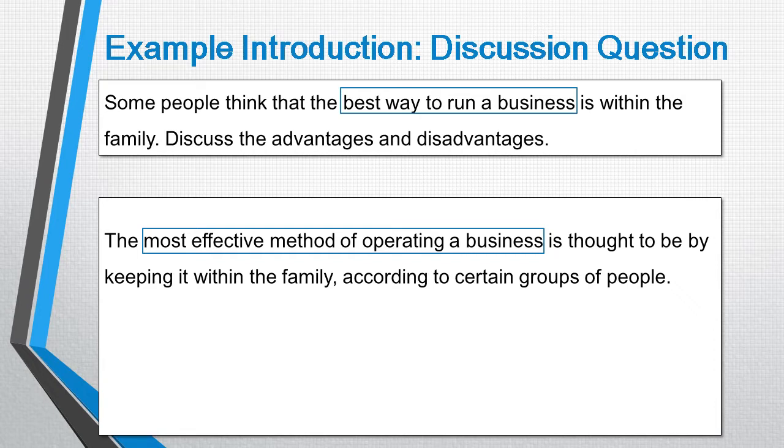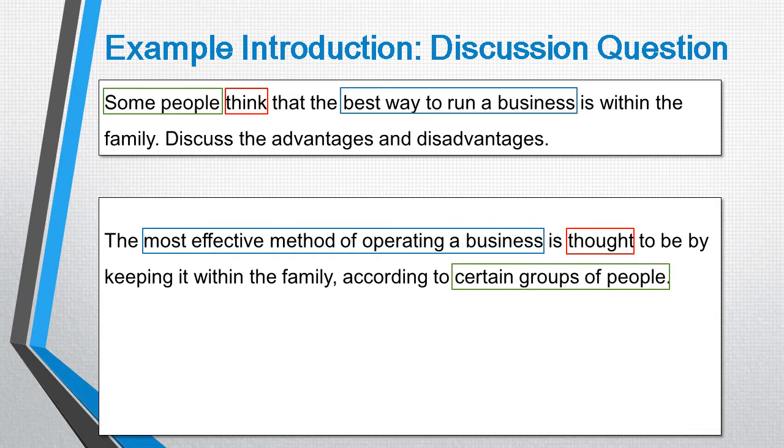And I've also changed the form of the word think to thought. And the reason I've done this is because I've changed the order of the sentence. You can see in the question, some people is at the beginning, whereas once I've rephrased it, that paraphrase, certain groups of people, is at the end.